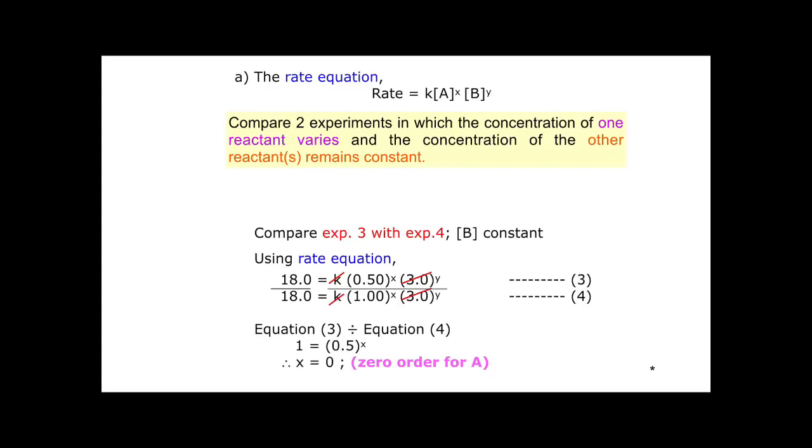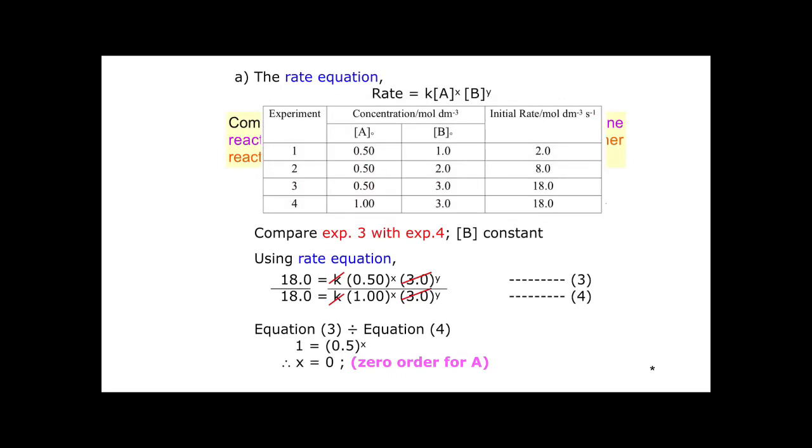Kita akan pilih dua eksperimen di mana concentration of satu reactant tu sama dan satu lagi concentration adalah tak sama. Sebagai contoh, kita tengok eksperimen 3 dan eksperimen 4. Kalau kita compare dua-dua tu, kita boleh nampak concentration A berbeza tapi concentration B adalah sama untuk kedua-dua eksperimen.